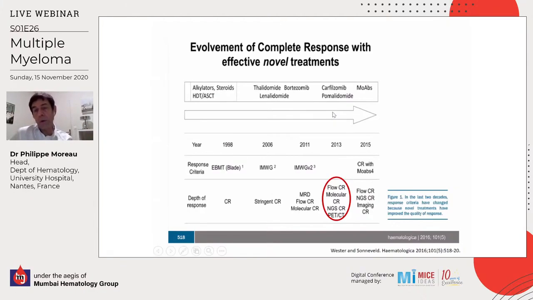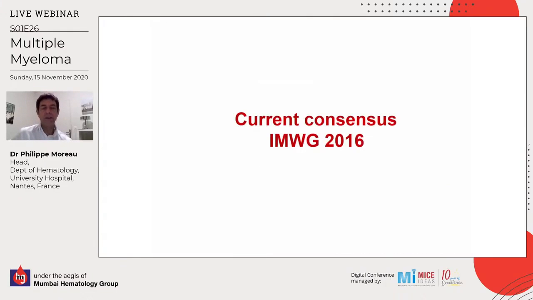And we are using new agents, definitely. You know that we have carfilzomib, the second-in-class proteasome inhibitor, pomalidomide, and monoclonal antibodies. The depth of response is now increasing, and we need new tools to assess minimal residual disease. So we are going to speak now about flow, NGS, and PET-CT to assess MRD.